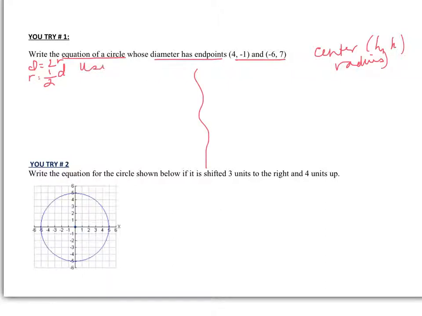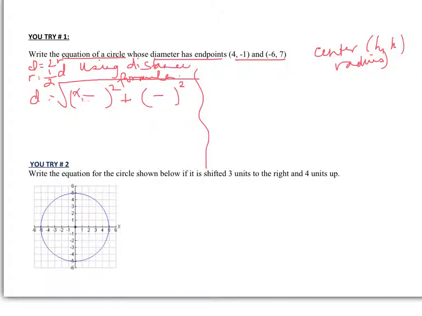So using the distance formula, this takes us back, guys. So we definitely have to go back to that. So d is equal to the square root of (x2 minus x1) squared plus (y2 minus y1) squared. Haha. And then you put your x's and your y's, right?